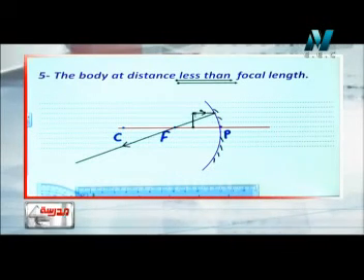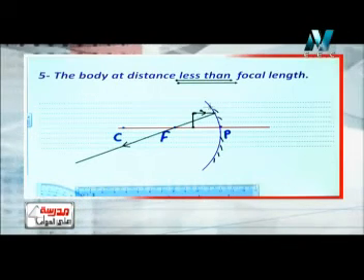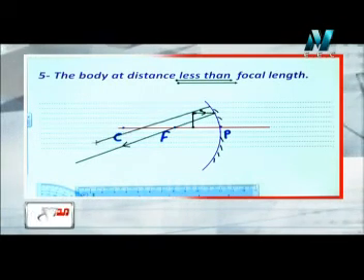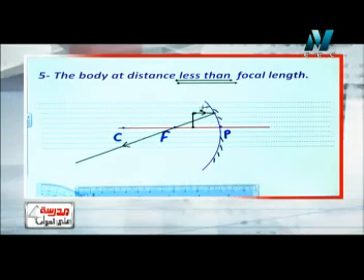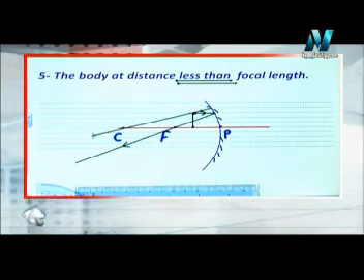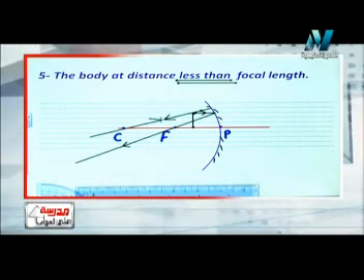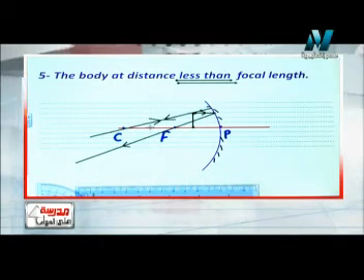Light ray will pass through what? Through center of curvature. يبقى from the head here we can put light ray, as you see here, passes through what? The center of curvature. And we know any light ray passes through center of curvature, it will reflect on itself.